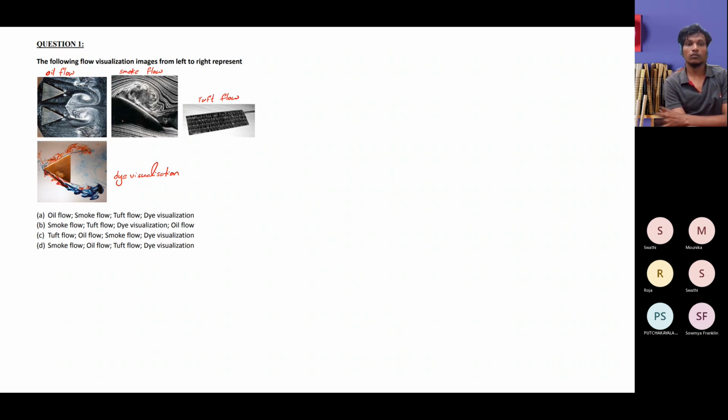The type of flow visualization is also necessary to understand, because based on which characteristics we want to visualize, we need to choose our instruments.